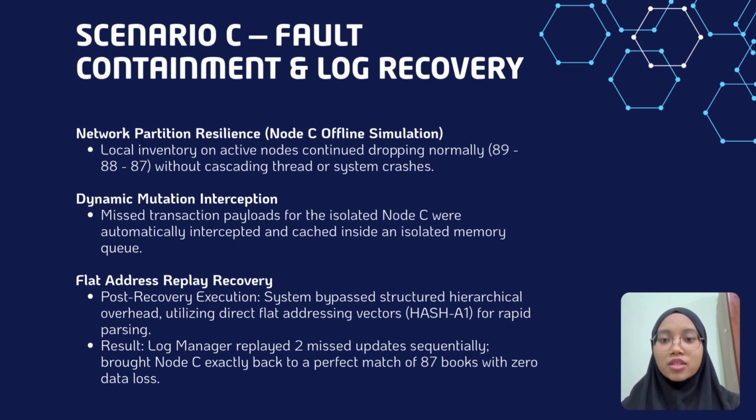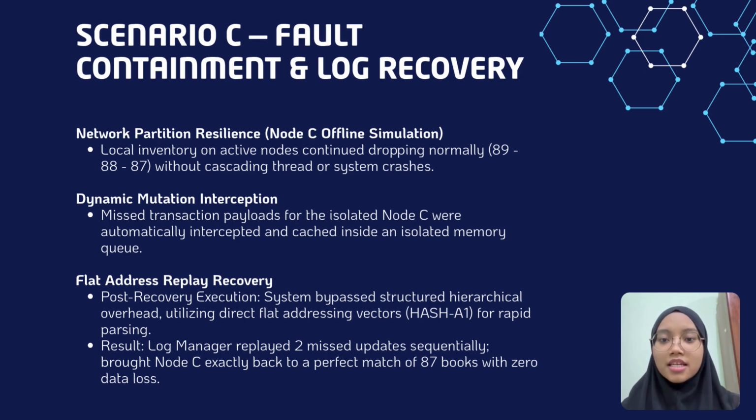Once node C rejoined the network, our flat address replay recovery kicked in. To maximize recovery speed, the system bypassed hierarchical parsing and utilized a direct flat addressing vector, such as the unique hash A1 identifier for rapid target mapping.